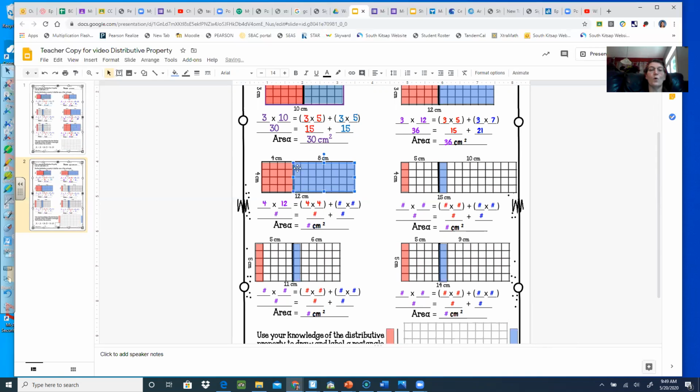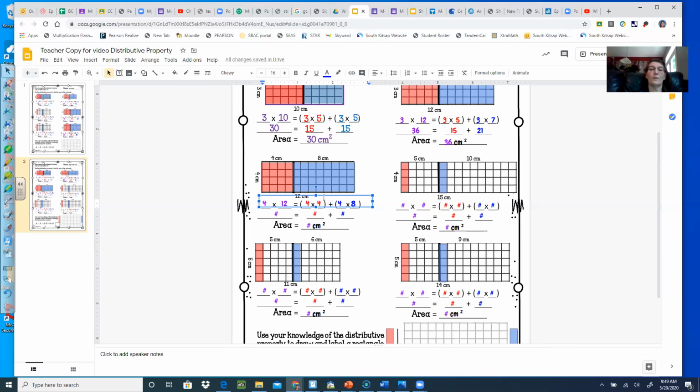I have 4 rows of 8. So if you need to pause the video and type on yours, you sure can.